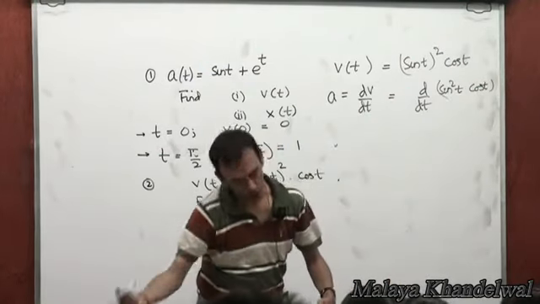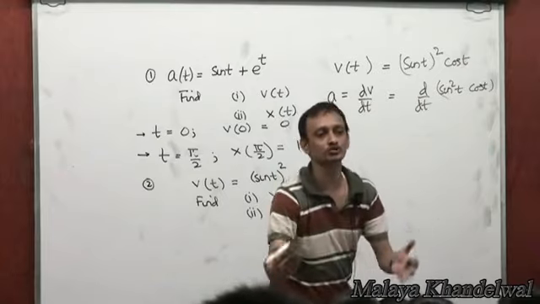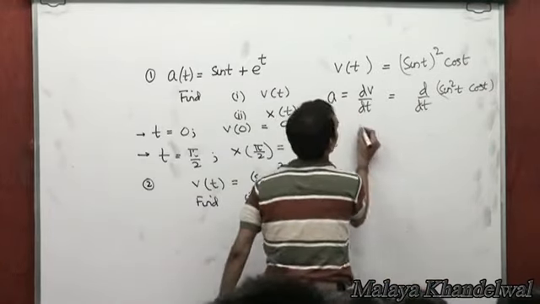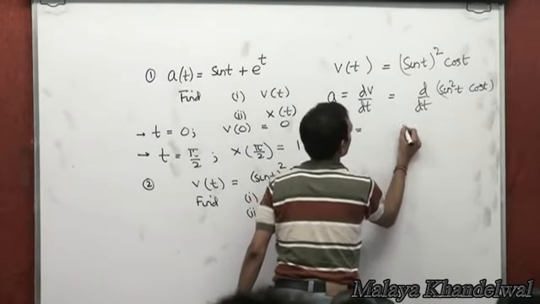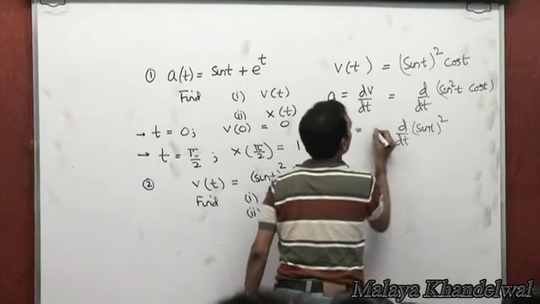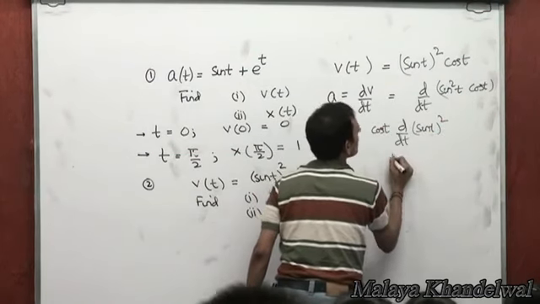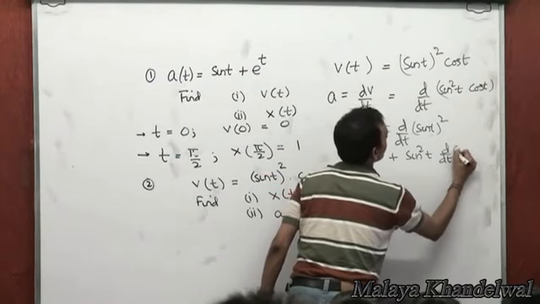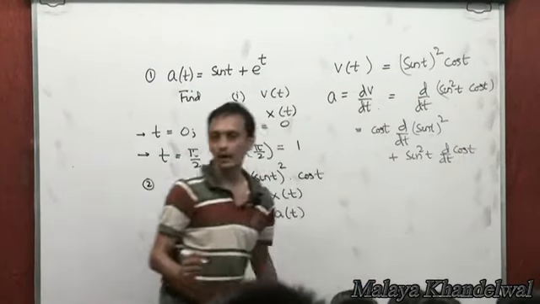Product rule: derivative of first function into second function plus derivative of second function into first function. So this is like d dt of sin t whole squared into cos t plus sin squared t into d dt of cos t.